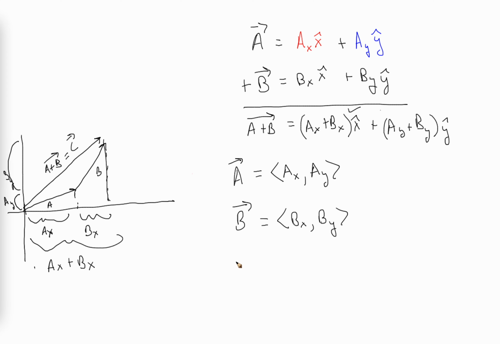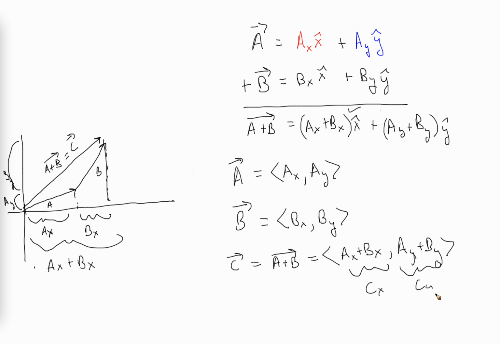And then the vector c, which is equal to a plus b, the sum of those two vectors, what is it going to be? Its components are just the components of a and b added together: ax plus bx and ay plus by. And so this piece here we would now call cx, and this piece here we would now call cy.